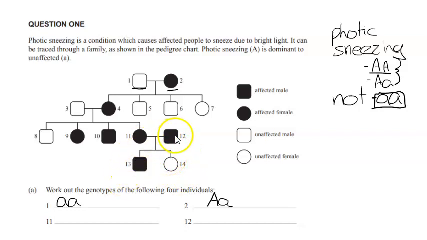So for 11 and 12, these are going to be both the same. Because they show photic sneezing, they must both have at least one dominant allele. And because they were able to have an offspring that was non-photic sneezing, it means that they must both have a recessive allele there. So that's how to use pedigree charts.